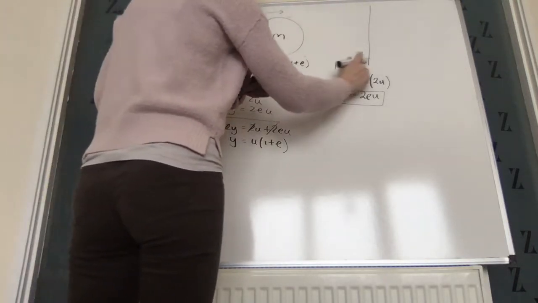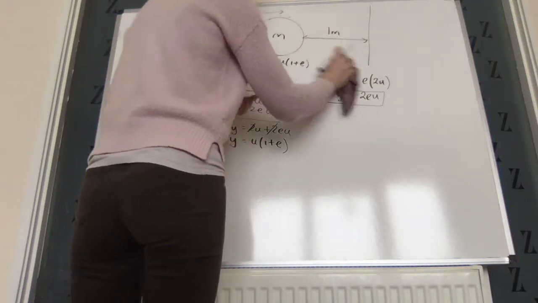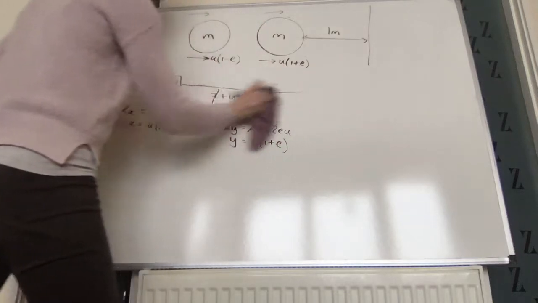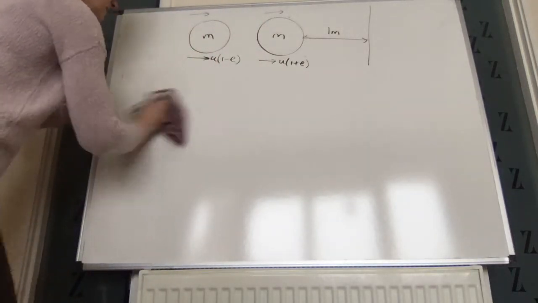And we still know that this distance is 1 meter from a wall. That's the first part done. What's the next part?